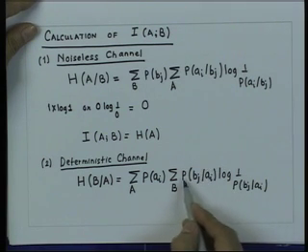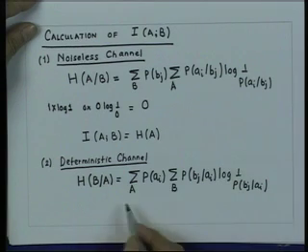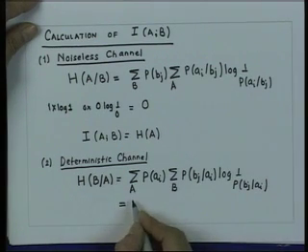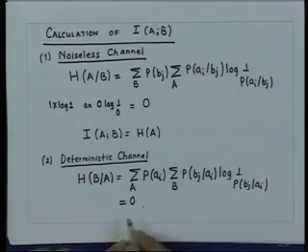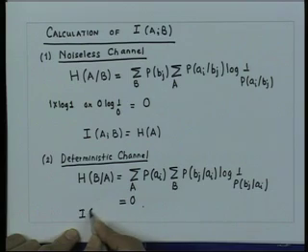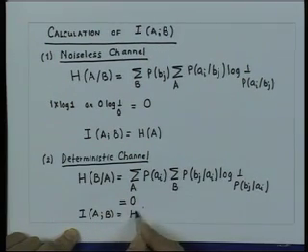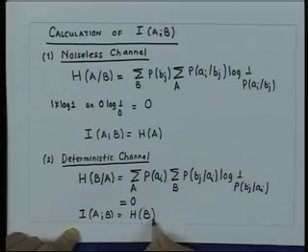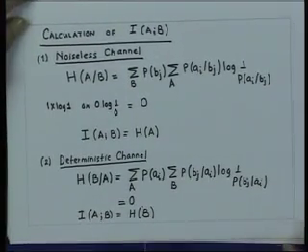Now, since each of these is of the form 0 or 1, it implies again that H of B given A is equal to 0, and for a deterministic channel I get mutual information equal to H of B, that is the entropy of the output alphabet.